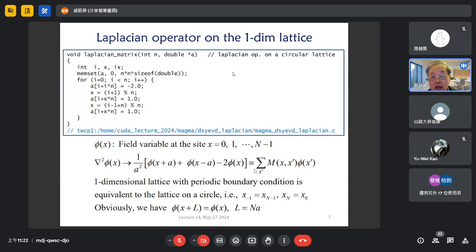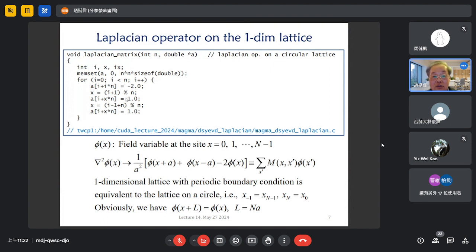So this code constructs the matrix, with the row index I and the column index J. You see, this is the +1, and then this -1, but in order to impose the periodic boundary condition, I have to add mod n.